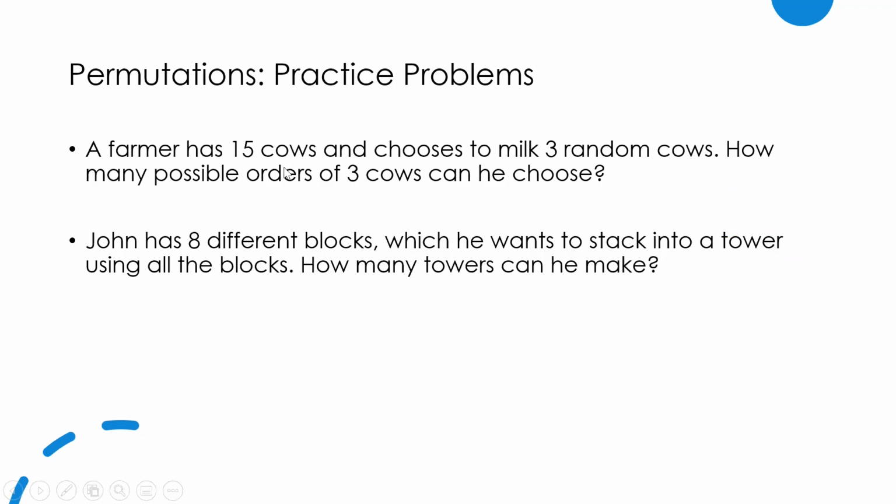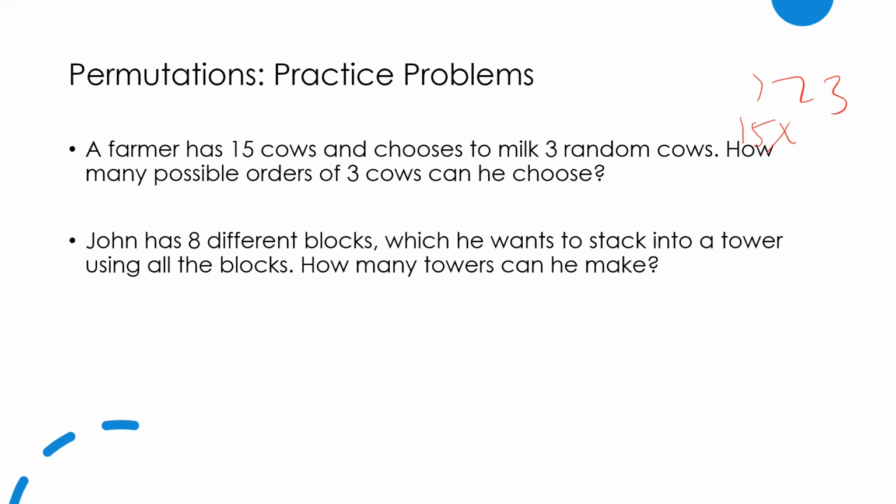Wait, hold on. Okay, I'll go over the first thing again. Basically, for these types of problems, you want to set up 3 positions. Since we have 15 cows, I can choose a random one, and that gives me 15 possibilities for the first one.